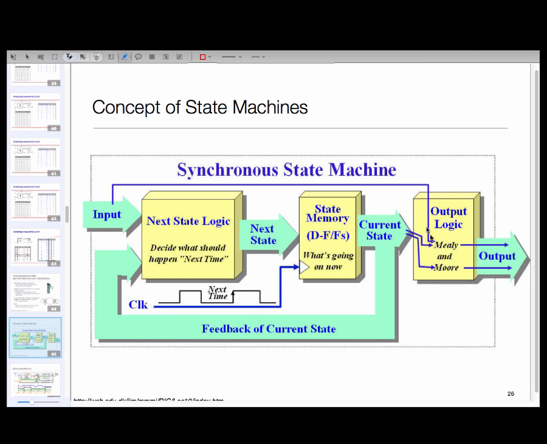We discussed last time that with Mealy, in between clock edges, if the input changes, the output can be affected immediately. Whereas for Moore machines, since the output depends only on the current state and the state changes only on clock edges, the Moore outputs are only going to change when the clock edge comes. That's how these two end up differing.